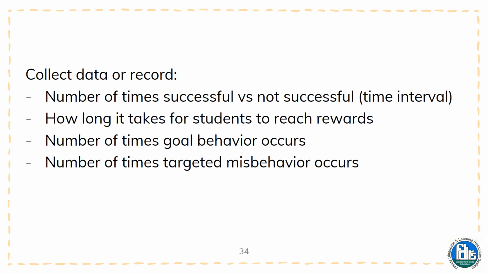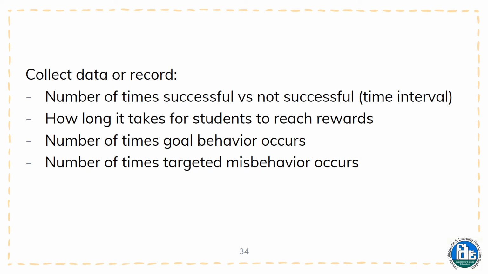So if it's taking kids 2 weeks to get to 8 points, maybe it's not as successful as we think it is. The number of times that the goal behavior occurs, so we want to increase that behavior, so we want to see, is it happening more frequently? And I can track that over several days and see, is it increasing?